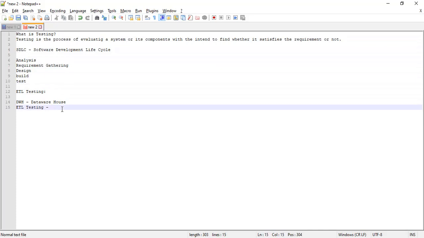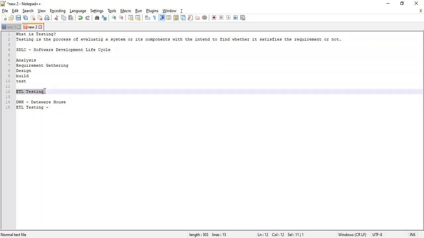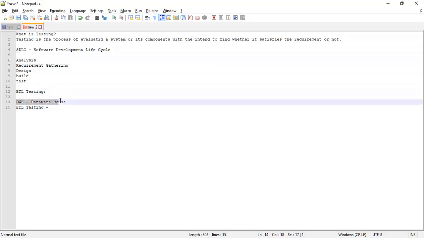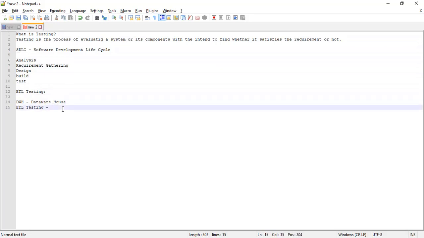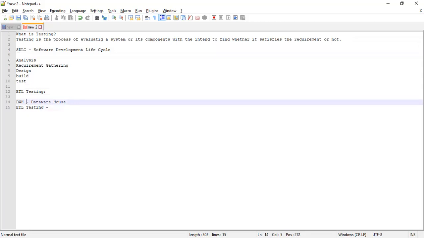When we come to the ETL testing part, the first thing you have to understand is what a data warehouse is, and then we go to ETL testing. What is DWH? Data warehousing concepts. Then what is ETL, and what concepts do we follow in ETL testing?